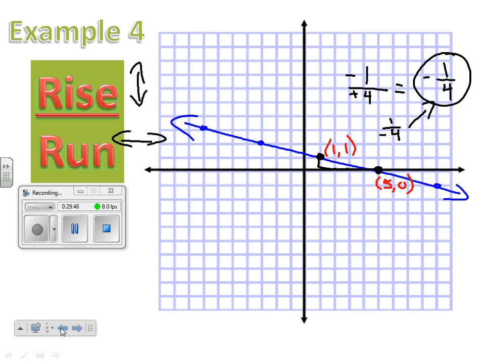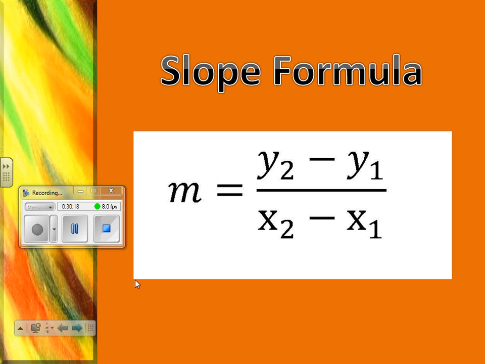If I'm here and I want to find the distance between here, what do I do with these measurements? I take them and subtract them. Does that make sense? And then if I wanted to see the distance between here and here, I can take the x's and subtract them, and it'll tell me the distance between there. Does that make sense? And so basically we have this formula.